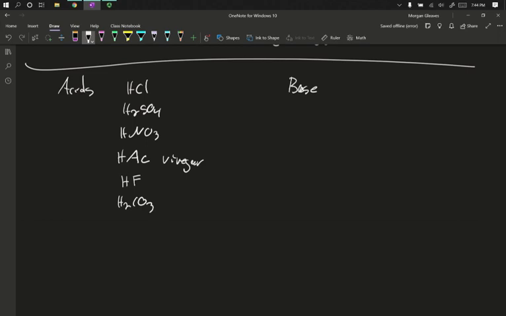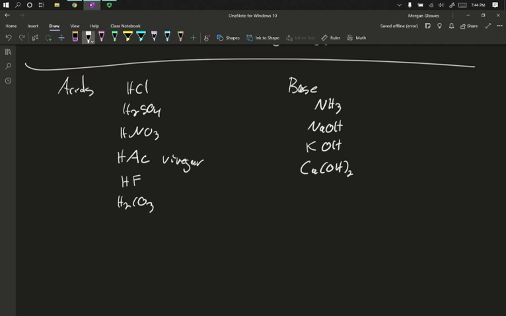Our bases, there's a variety. As we said, ammonia was one of our Bronsted-Lowry bases. Sodium hydroxide, potassium hydroxide, calcium hydroxide. Things that have hydroxides are all Arrhenius bases, but those are also Bronsted-Lowry bases.